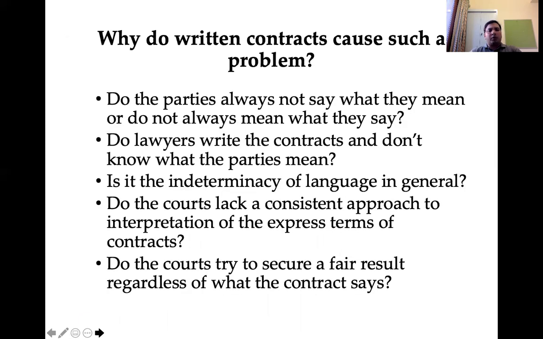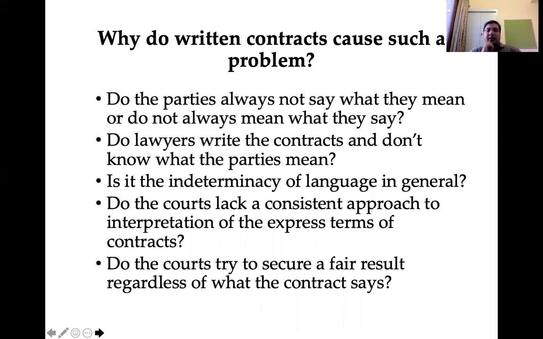Before we look into the rules, let's ask ourselves why written contracts cause such a problem. Do the parties not always say what they mean, or not always mean what they say? Do lawyers write the contracts and not know what the parties mean?